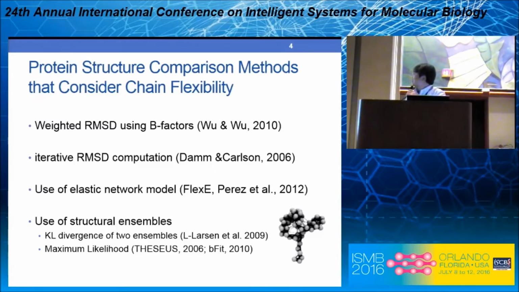This is the FlexE method by Kendall's group, which used a Gaussian network model in evaluating the structure in terms of energy, but not the structure, which is an interesting idea. There are also methods which compare two ensembles of structures taken from NMR or MD simulations and compute, for example, KL divergence, Kullback-Leibler divergence. Or there are methods that use maximum likelihood to compare a structure to ensemble structures.